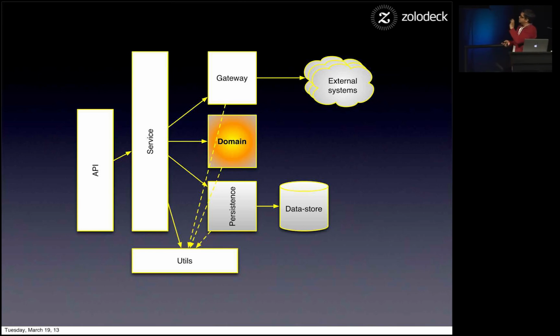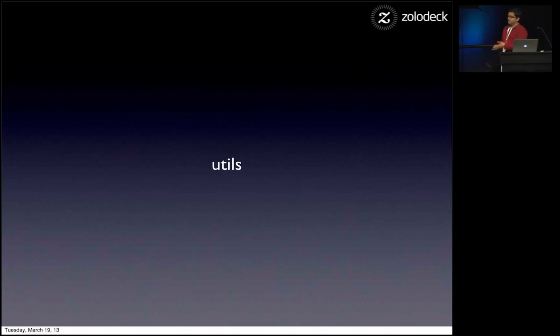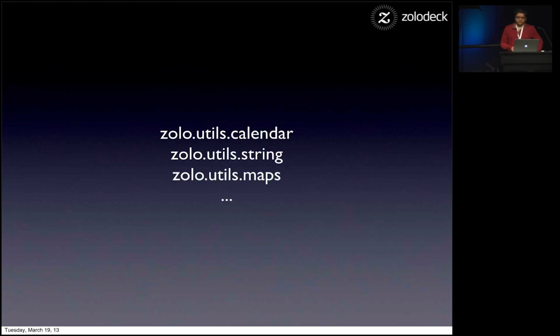In all of this, again, domain is pure. It doesn't talk to the database, or it doesn't talk to Facebook or any of those things, right? And all of these namespaces depend on our favorite namespaces, the utility namespaces, which have things like these sort of collections of namespaces, right?